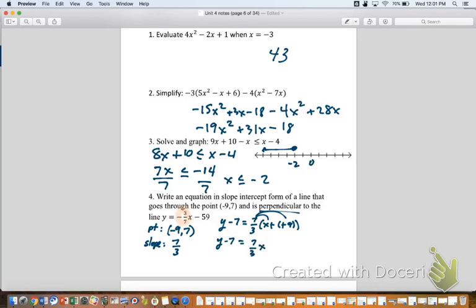And then 7/3 times 9 would be 63/3. And 63/3 is really 21, isn't it? So when I add the 7 over, I end up with y equals 7/3 x plus 21 plus 7, so plus 28 for a final slope-intercept equation of the line.